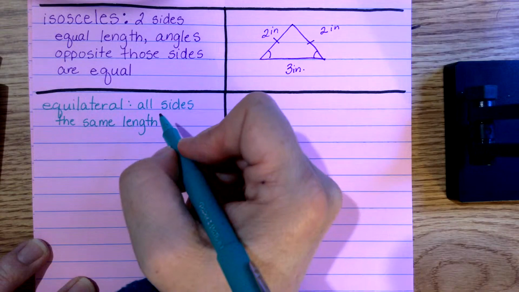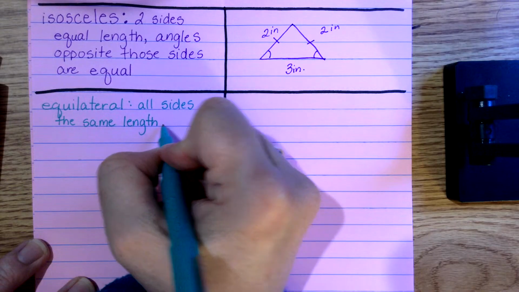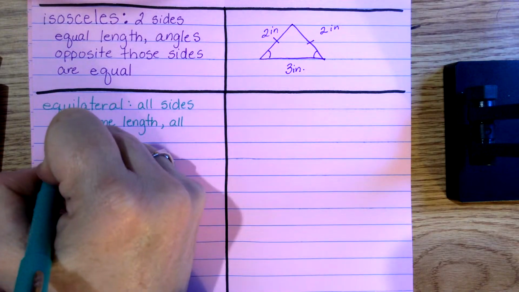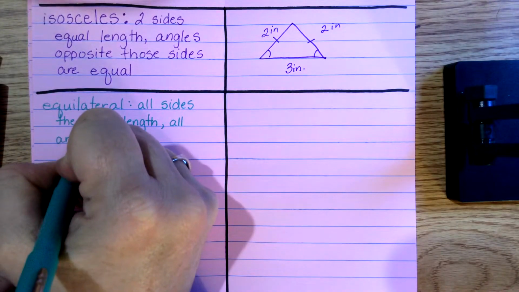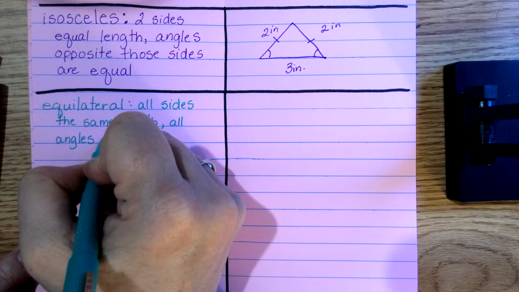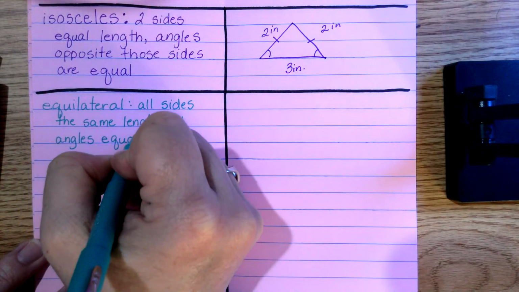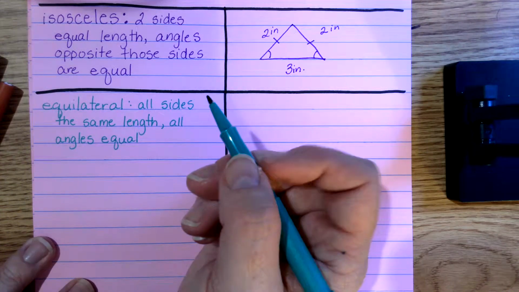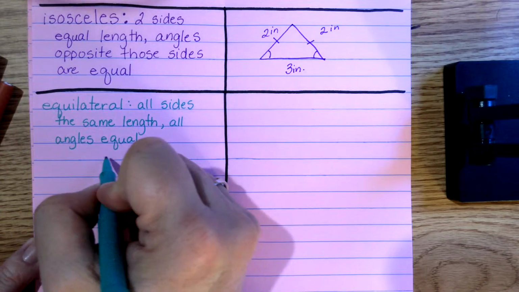And all angles are equal. Sometimes this can also be referred to as an equiangular triangle.